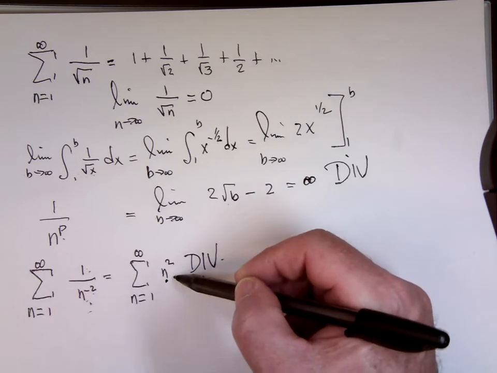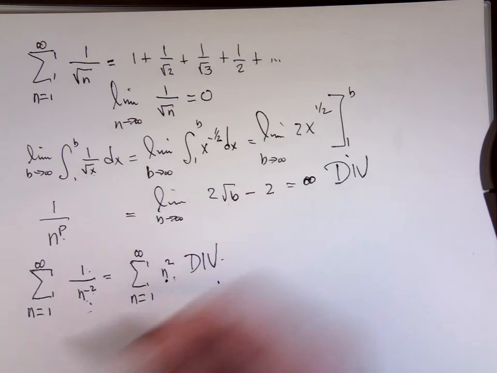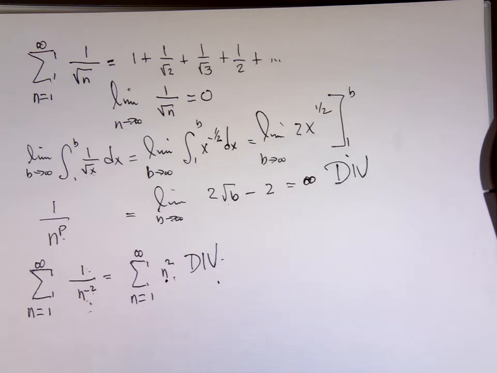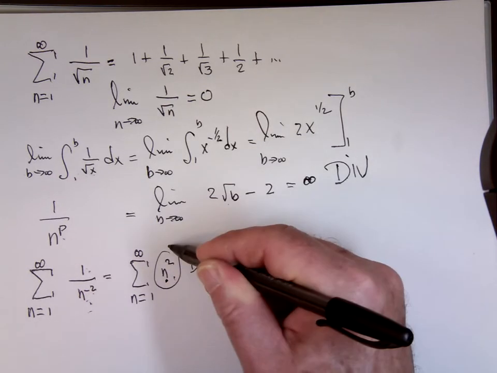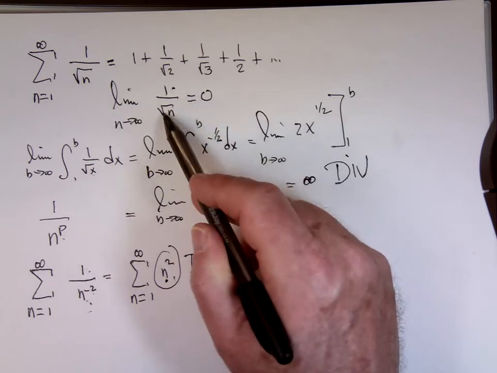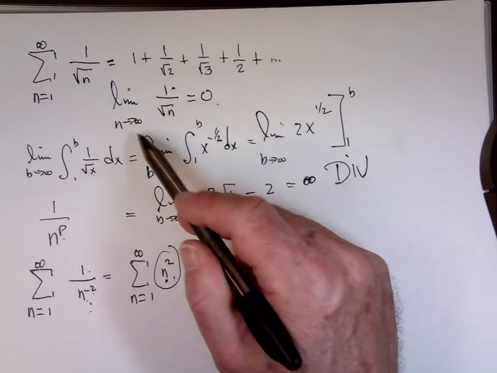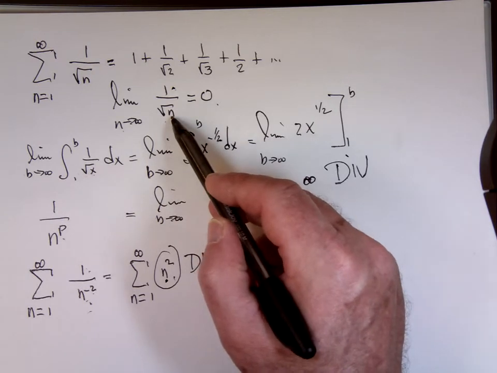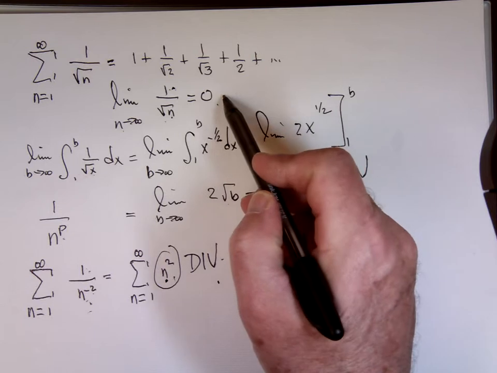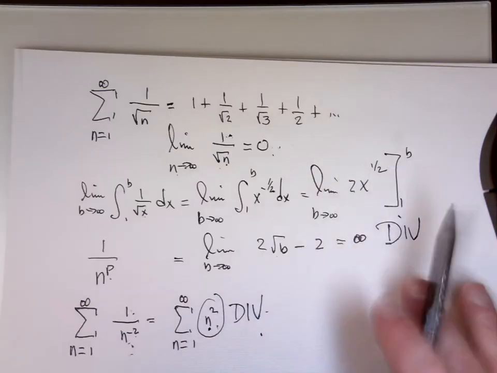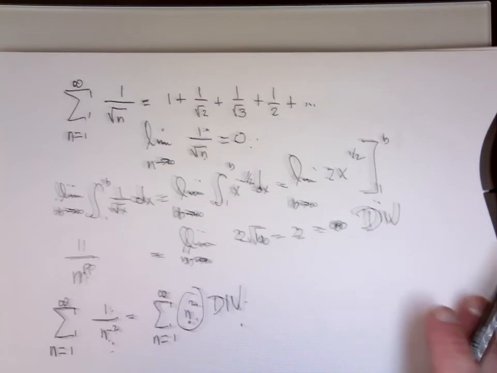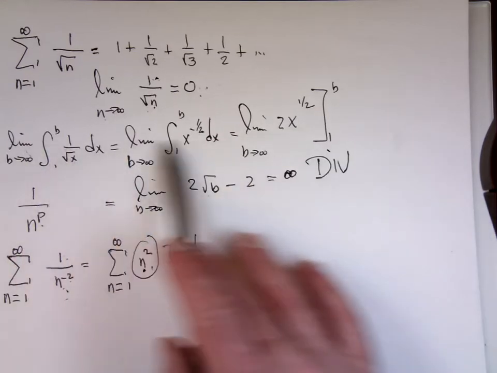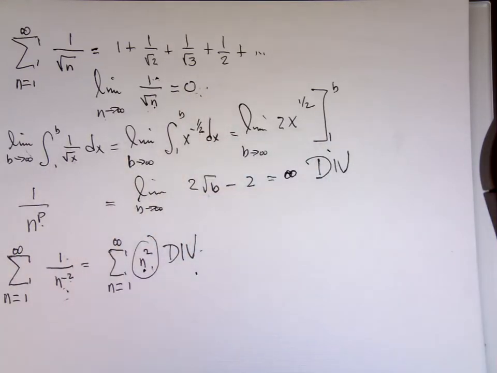You said at the very top the limit is 0, it's not infinity? As n goes to infinity, the square root of n is going to go to infinity, increase without bound, and its reciprocal will go to 0. However, what we showed here by using the integral test is that it doesn't go to 0 fast enough to cause the series to converge.